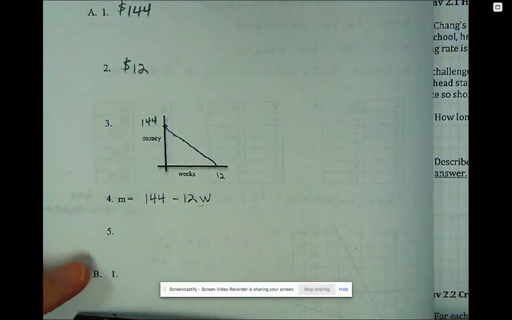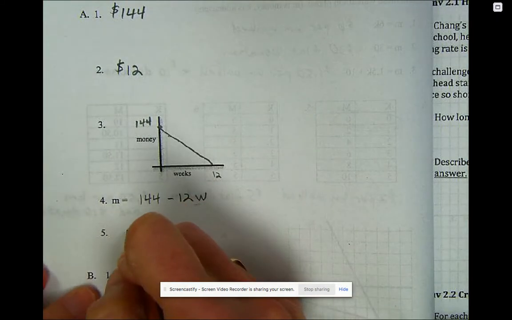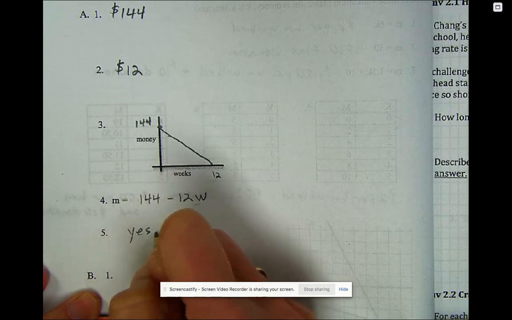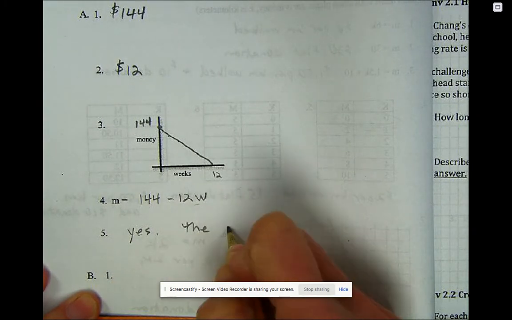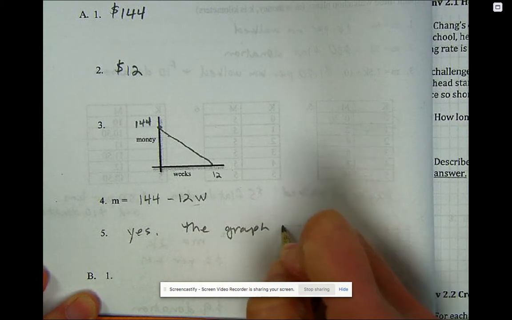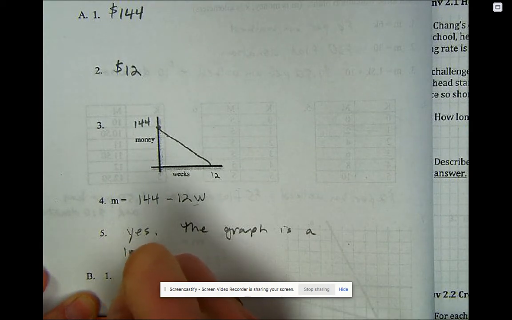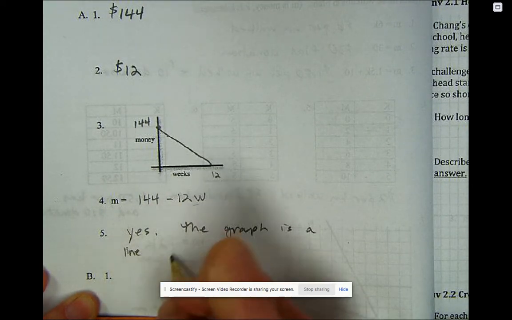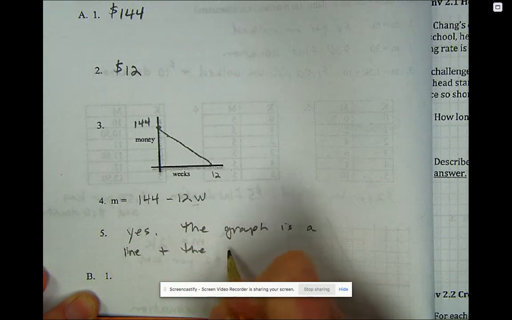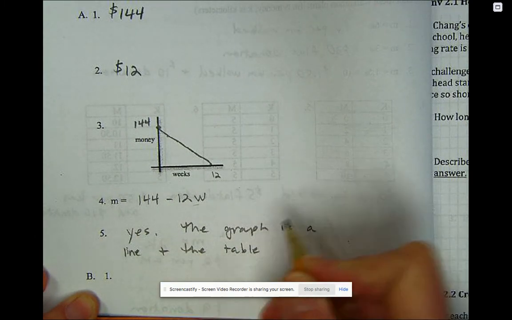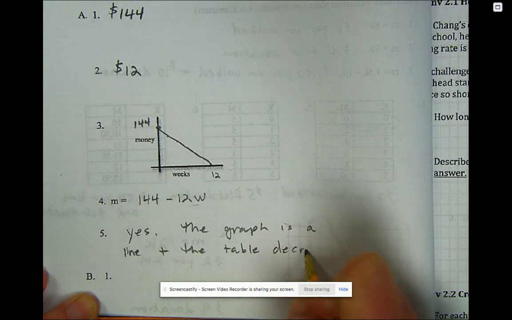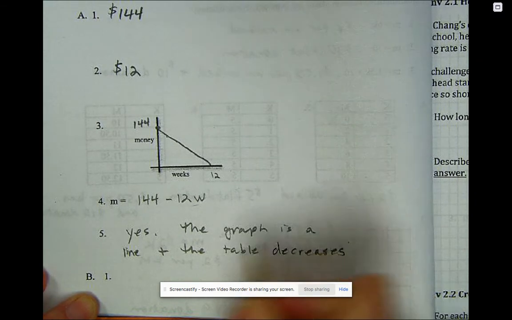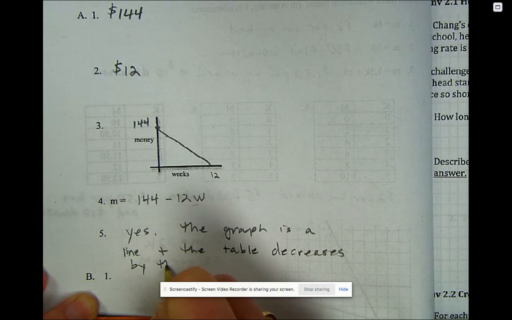Okay, so we should say yes. Graph is a line. And the table decreases by the same amount.